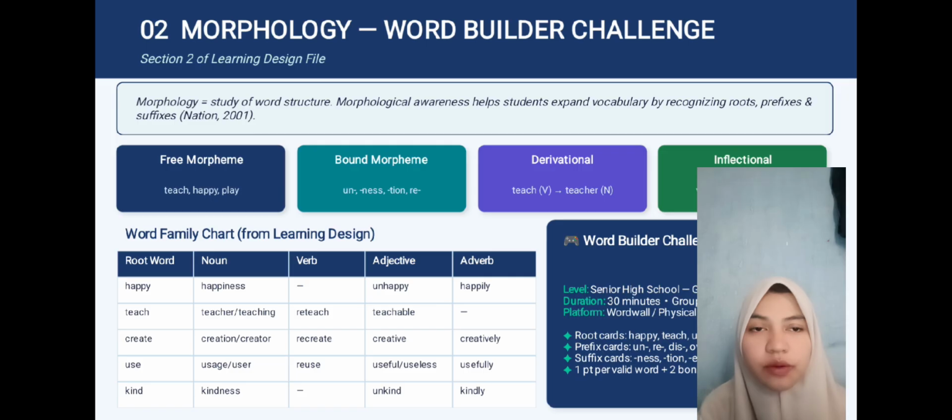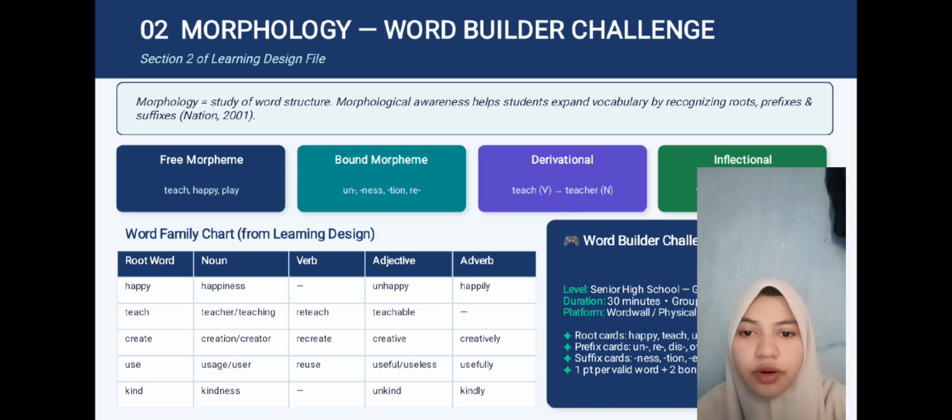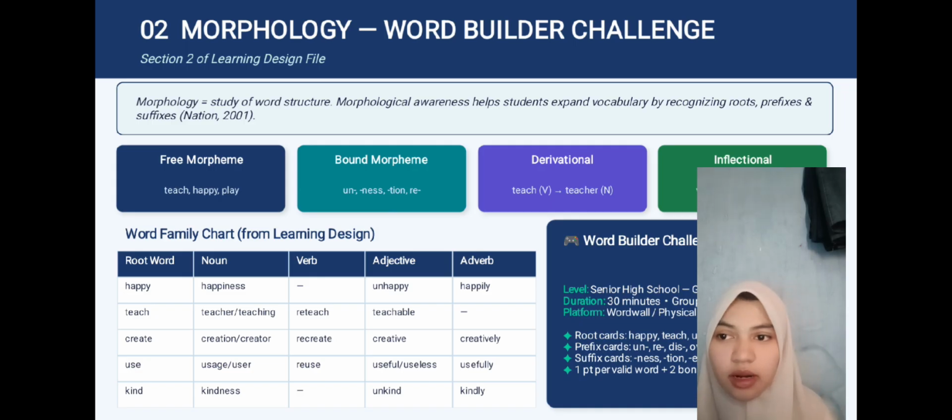So in morphology, there is vocabulary, and you can see on the screen a word family chart from learning design in the word: noun, verb, adjective, and adverb.